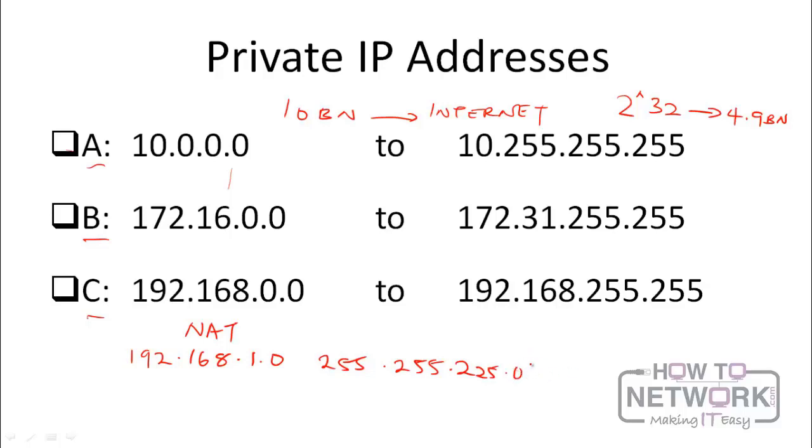Now, when these users are going to connect to the internet, they can all be translated to just a few addresses through something called port address translation, which we will talk about as we go along in our Cisco journey. So now we can translate all these 200 users to just about 5 addresses. You've ended up saving 195 of these addresses and making more addresses available for the internet and for things to work. So that's why we have private IP addressing.